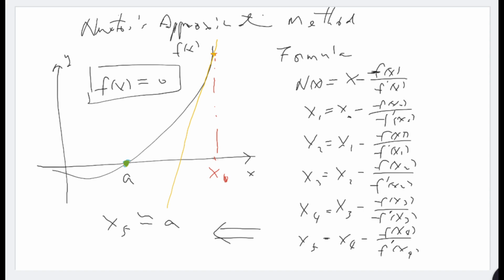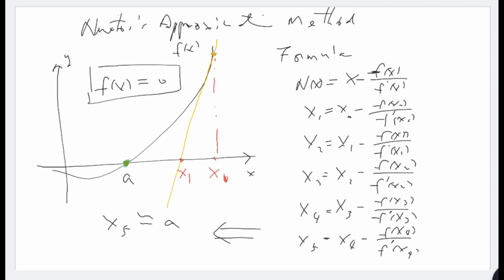Then we find the intersection of this line with the x-axis. Call this location x1. Once you find the equation of a line, you can set the function value to 0 to find this location. So pretty simple math. So find x1.